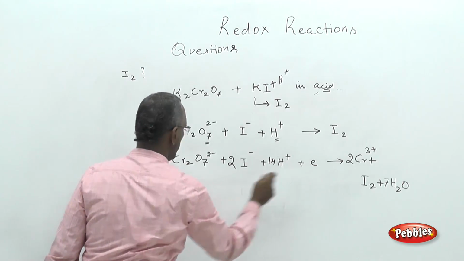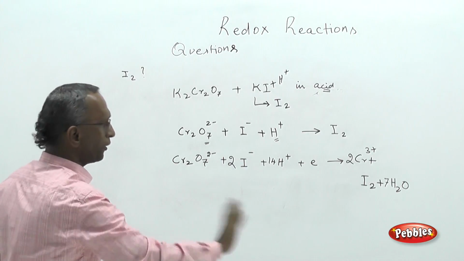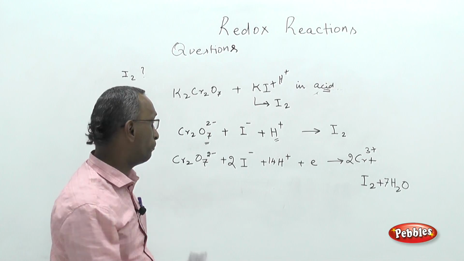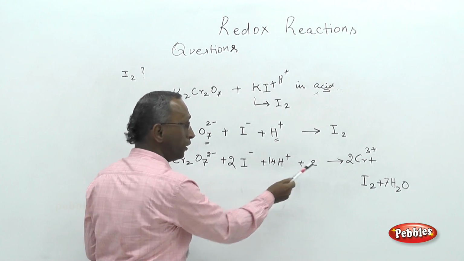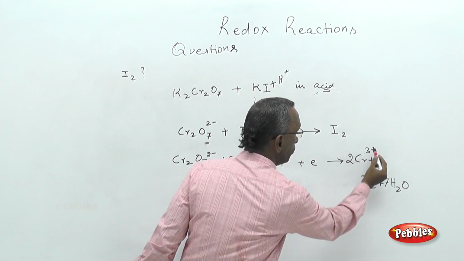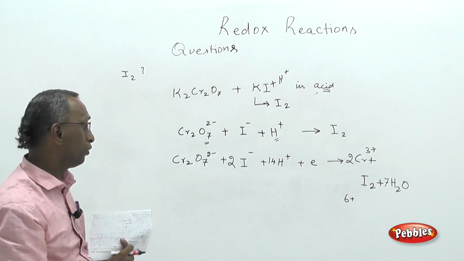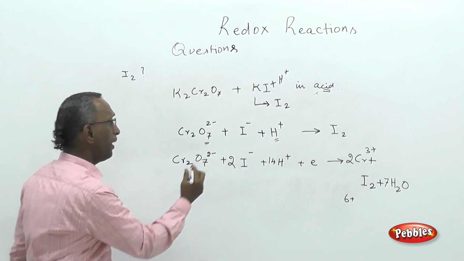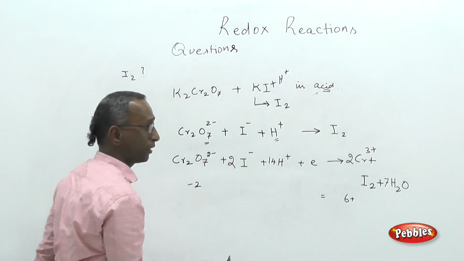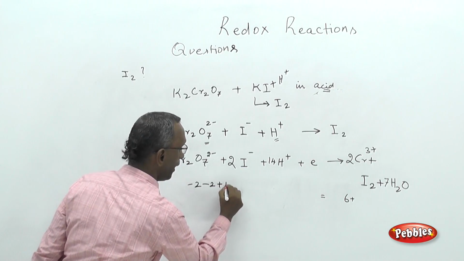So 2 Cr, 7 oxygen, 2 iodine, 14 hydrogen, everything is balanced. But charge is not yet balanced. Product charge is 2 times 3, that is 6 plus; iodine and water are neutral. Reactant charge must also be plus 6. So minus 2, then 2 I minus gives another minus 2, plus 14.